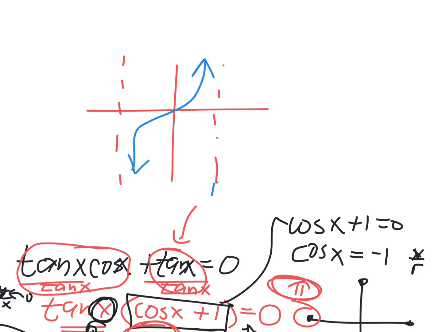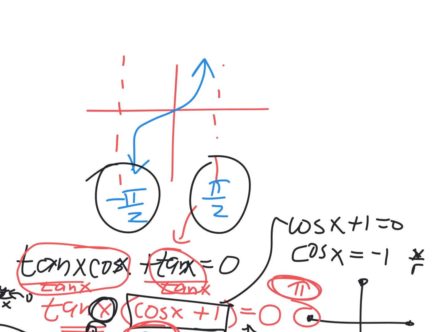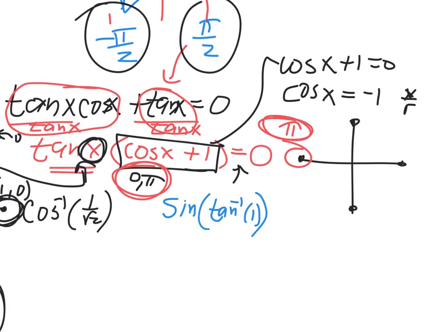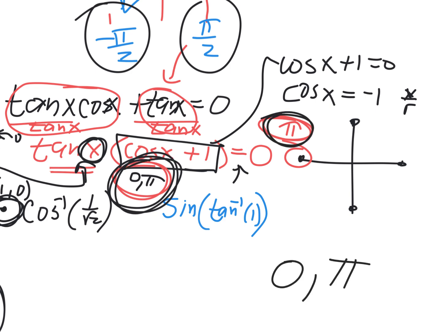So tangent, you have to watch out for pi over 2 and negative pi over 2, aka 3 pi over 2. And did I say one of those was the answer? No. But I watched out for it because tangent can be killed by putting in the wrong angle, if you put in one of these 2 angles. But I didn't say one of those 2 was the answer. So then my answers are just 0 and pi and another pi, which is just 0 and pi, the end.